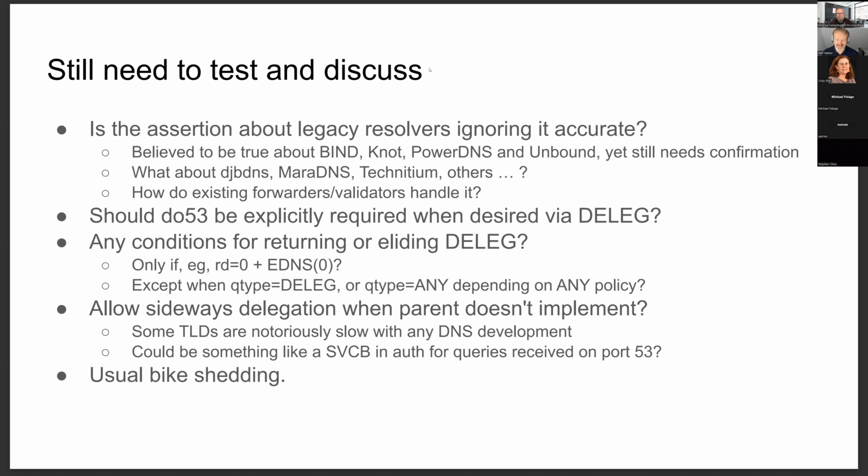So we'll see. This is a process question. I don't think it's actually a technical question, but we'll need to sort it out. The other thing is that currently the discussion is happening on the DNS org Mattermost. Do we have a link to that? I don't think so.